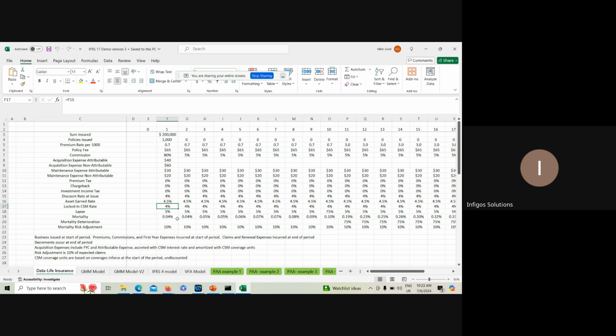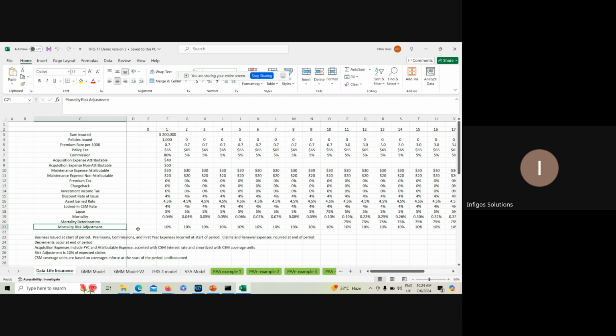This is locked-in CSM rate. This is how many people are going to drop out from the policy. What is the death rate, and what is the death rate declaration? What is mortality adjustment?